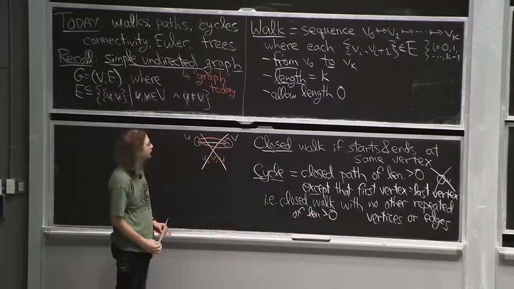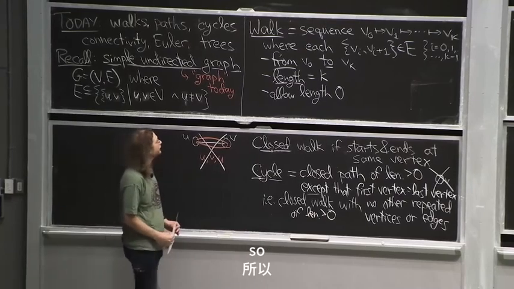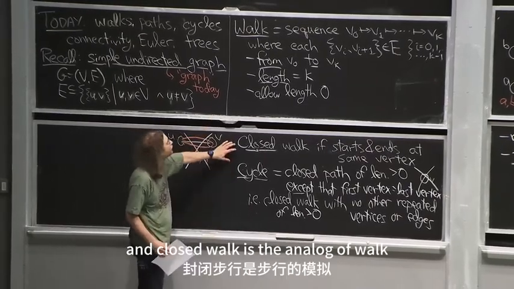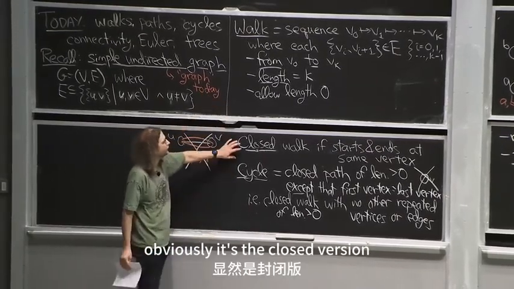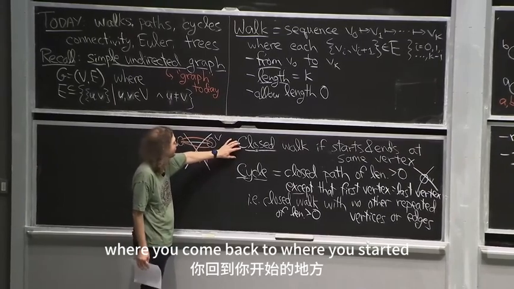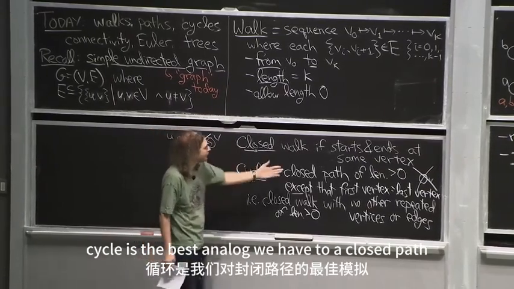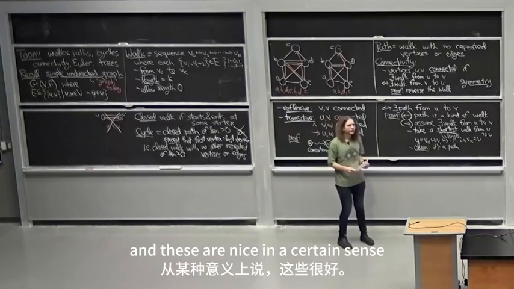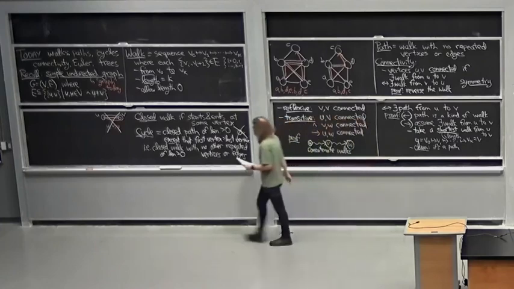Okay. Cool. So cycle is sort of the analog of path, and closed walk is the analog of walk. Obviously, it's the closed version where you come back to where you started. Cycle is the best analog we have to a closed path. And these are nice in a certain sense, which I want to talk about.